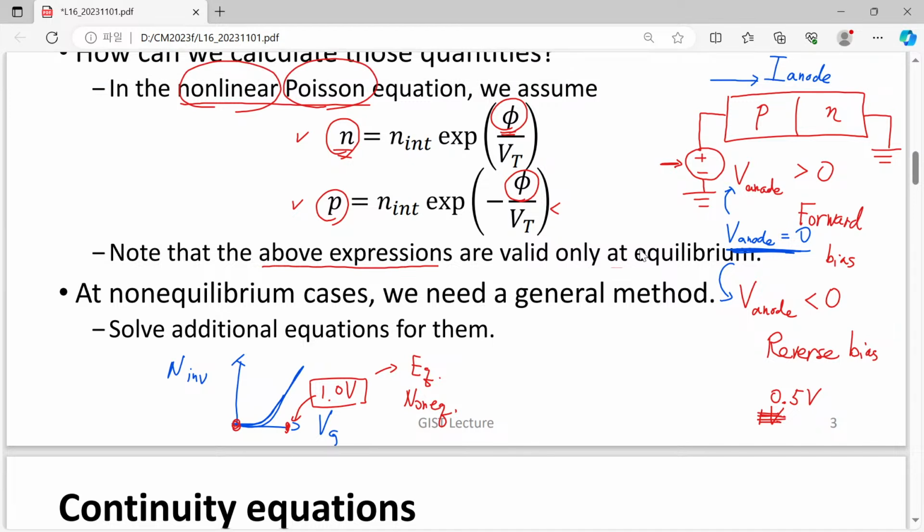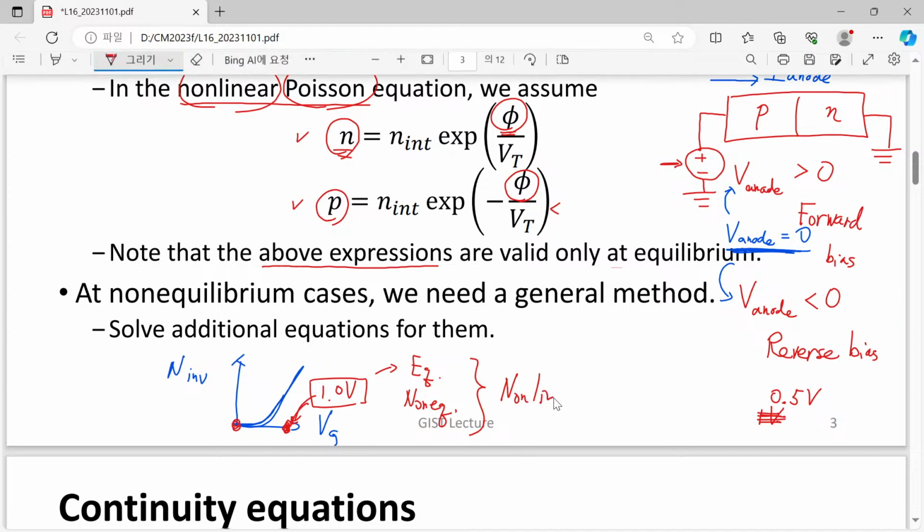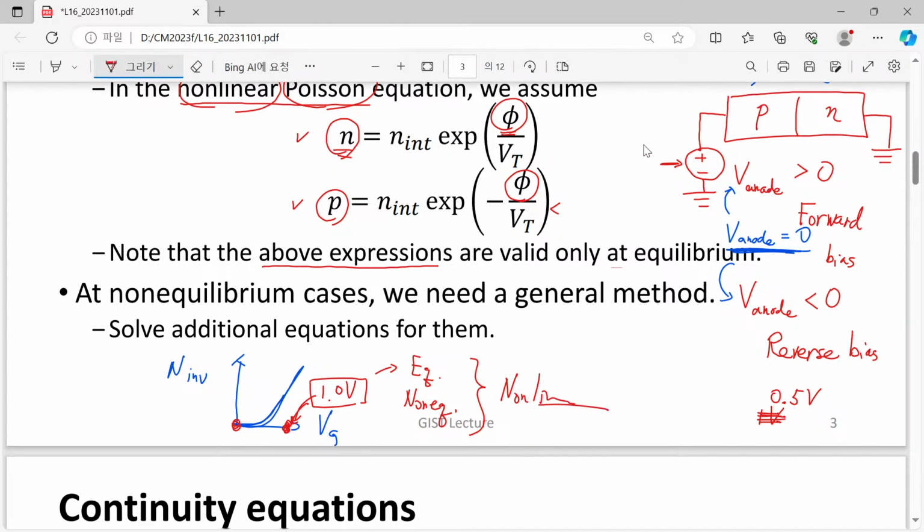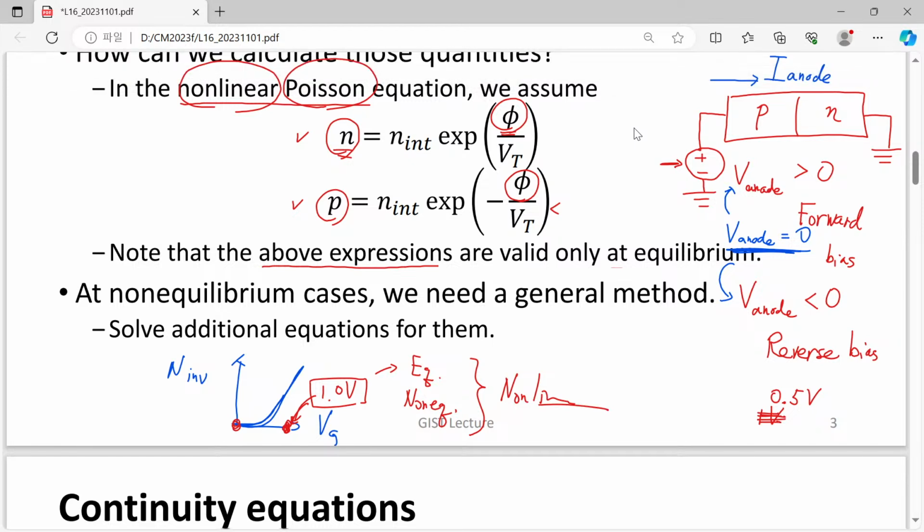That's the reason why, although we already considered a non-zero gate bias voltage in the MOS system, it was allowed to use just the nonlinear Poisson equation, and in this new case called PN junction, we are not allowed to use the nonlinear Poisson equation. Okay, so are you all with me?